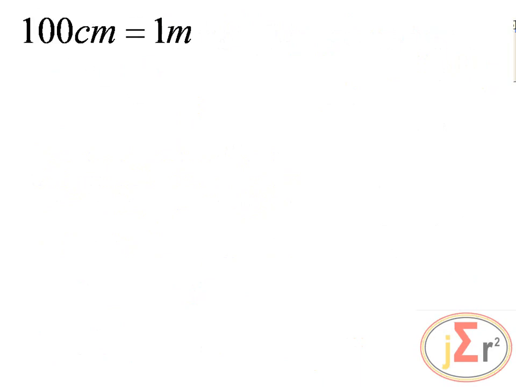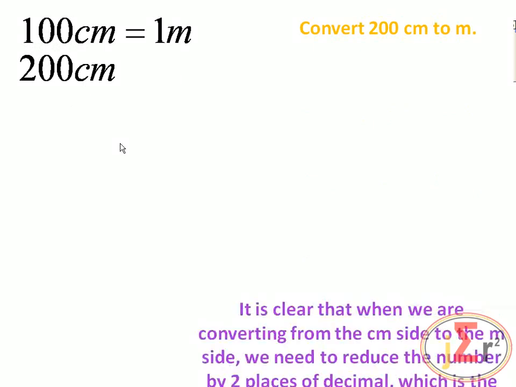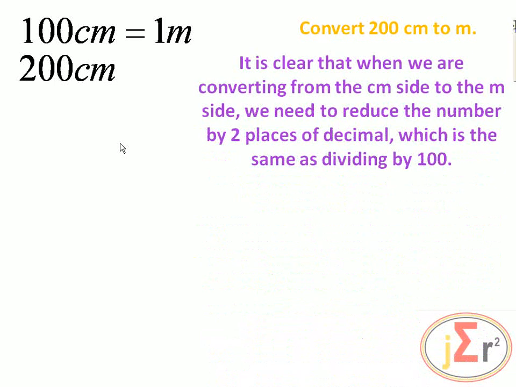1 meter. 100 centimeters are equal to 1 meter. Convert 200 centimeters to meters. How do we do that? We have 200 centimeters. What do we put on this side? 2 meters. Right. We are just causing the table to be consistent.